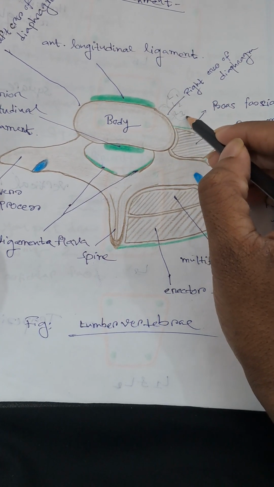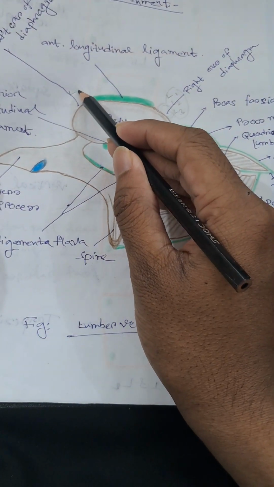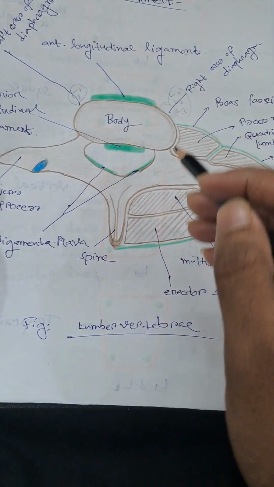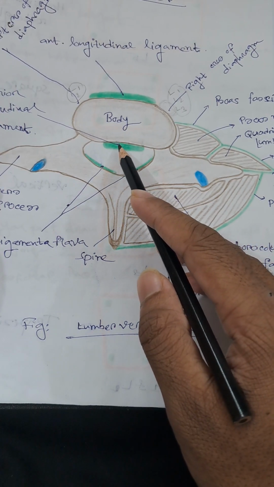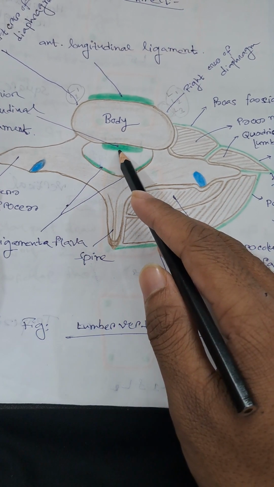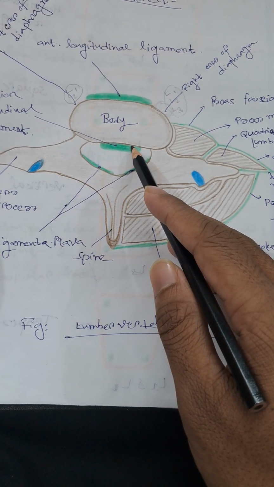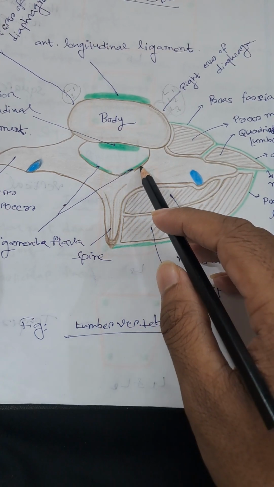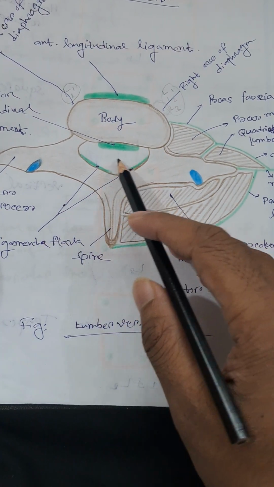On the left it attaches to lumbar 1 and lumbar 2. The posterior surface of the body is attached with the posterior longitudinal ligament, and the side of the vertebral canal is attached with the ligamenta flava.